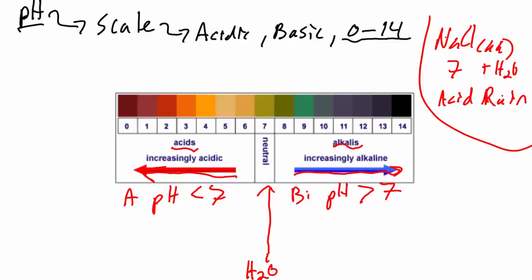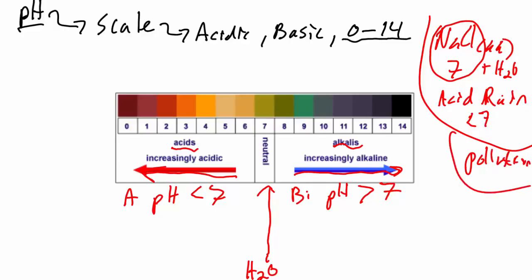So even though salt water or pond water should technically have a pH of around 7, it usually ends up being slightly acidic with a pH of slightly less than 7 because of all that pollution. So it's a little bit of a rabbit trail there, but let's get back to our pH scale.